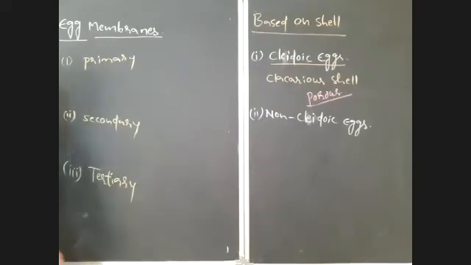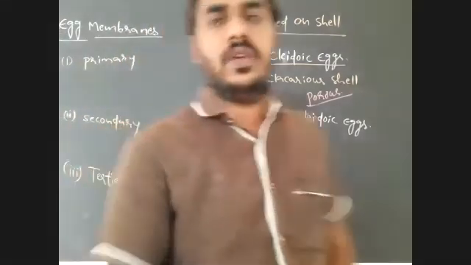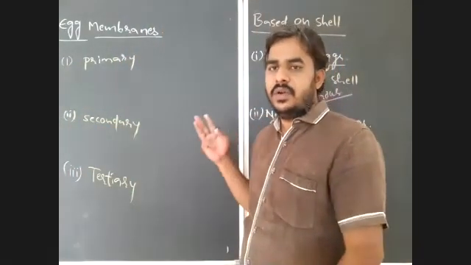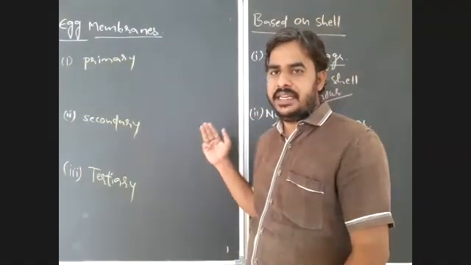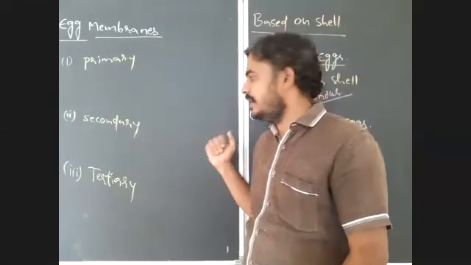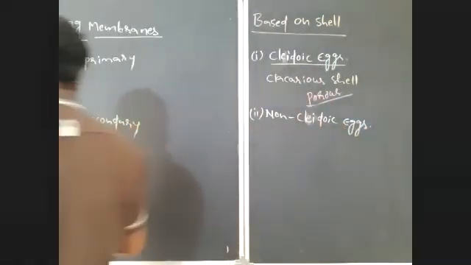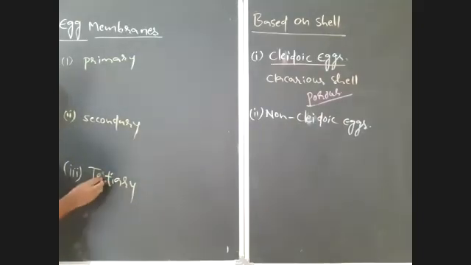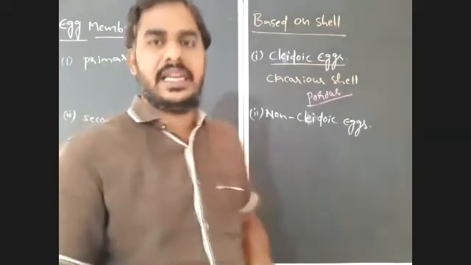So in the eggs, we can notice three types of membranes: primary egg membranes, secondary egg membranes, and tertiary egg membranes. Right? Now we will discuss what is a primary egg membrane.